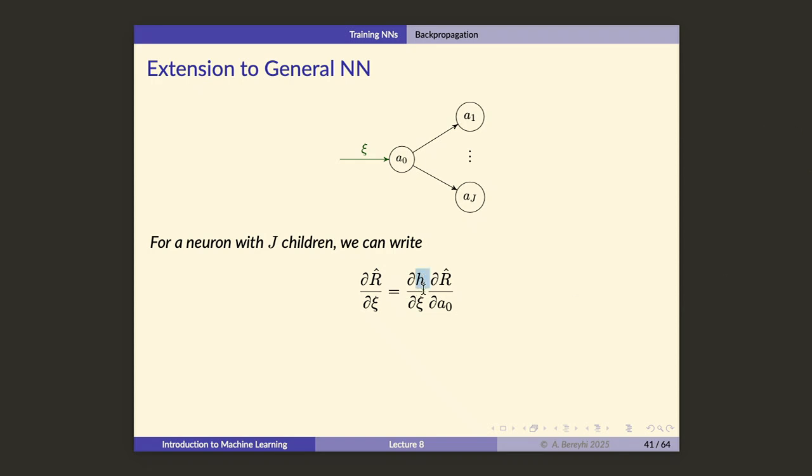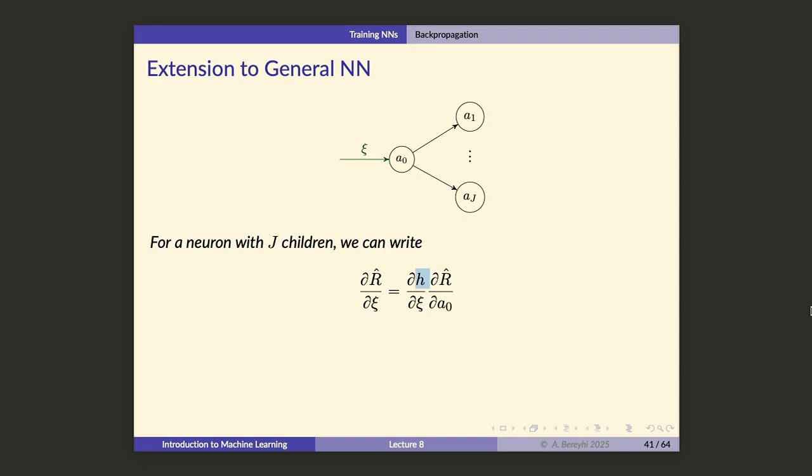So it's not H, it's a0, okay? So the derivative of loss with respect to weight Z is going to be the derivative of loss with respect to a0 times the derivative of a0 with respect to that weight Z, right?